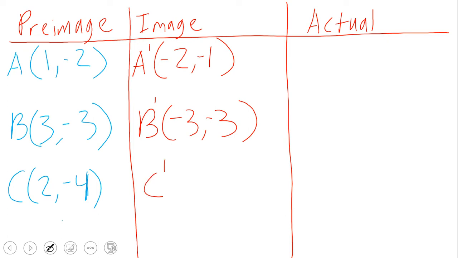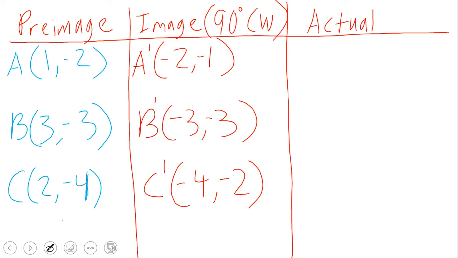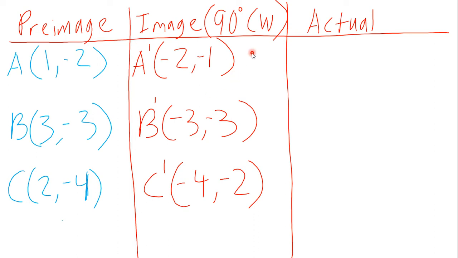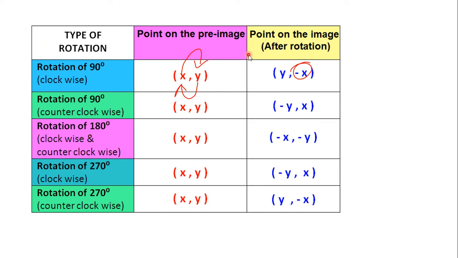C prime: we switch it, -4, then we negate the 2. So if this is a 90-degree rotation clockwise, this is supposed to be our coordinates. If that's the case, go back to the roots.